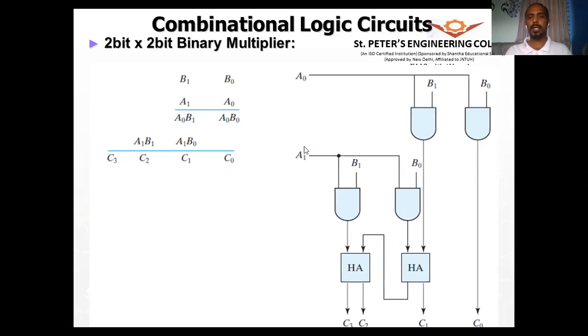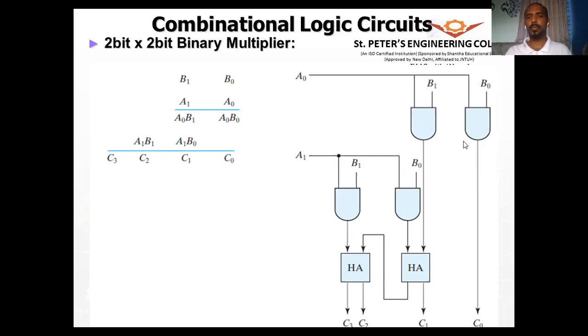So this is the realization of this multiplication. So this is how a 2-bit by 2-bit multiplier is realized using this circuit. Now what we have to see is that when I multiply a 2-bit binary by another 2-bit binary, how many AND gates do I require?